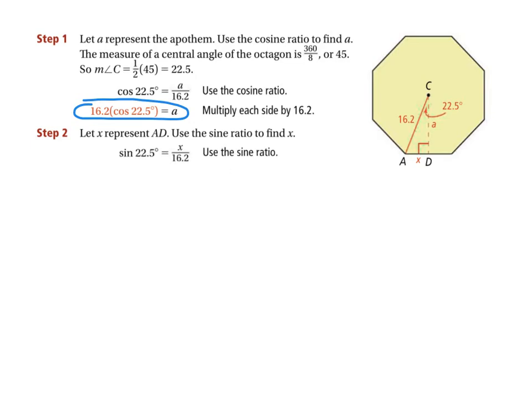So sine of 22.5 equals the opposite side x over the hypotenuse 16.2. And of course, multiplying both sides by 16.2 to clear it off the bottom and leave you just with x, you do that, and now you know what x is equal to.